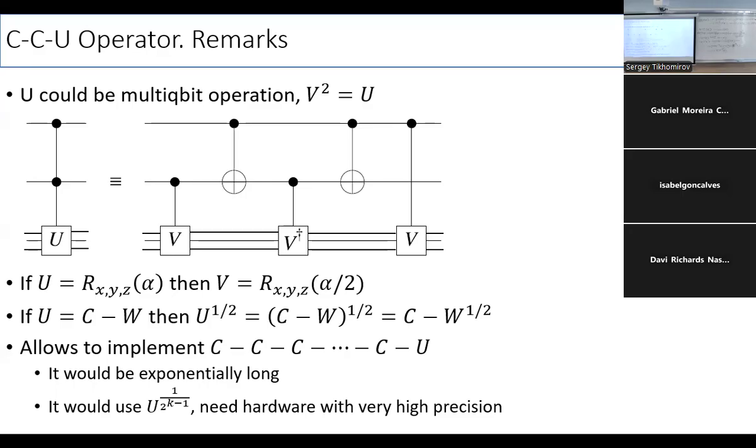This would be used as a notation for the controlled U gate. So let us make a notational remark. If we draw it on a scheme, in string notation, then controlled V looks like this.